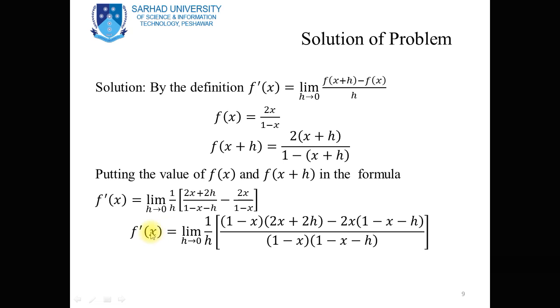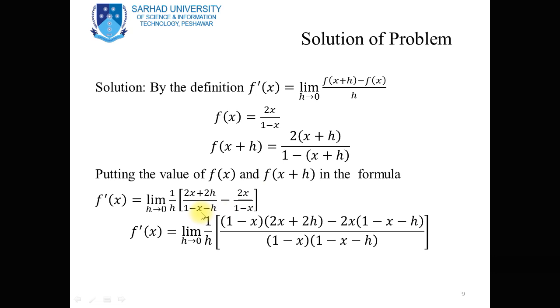Now the derivative of the function is equal to the limit h tends to 0 of 1 over h. Taking the LCM of this expression, we obtained (1 minus x) into (2x plus 2h) minus 2x into (1 minus x minus h). For the LCM, we multiplied the denominator terms, you see over here.